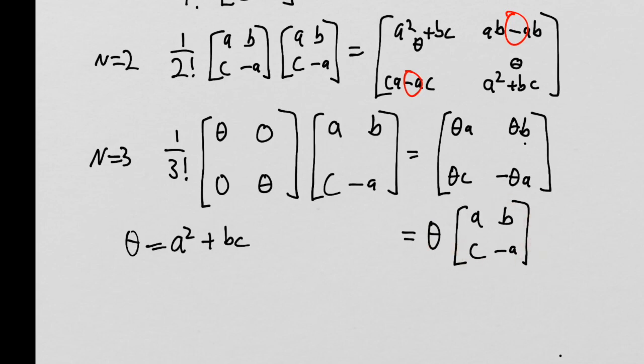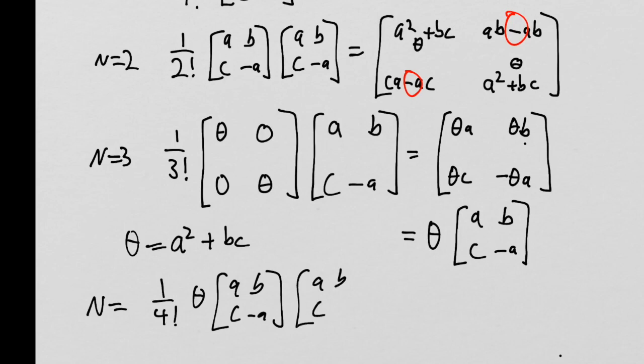And so now, when I go to n equals 4, we have 1 over 4 factorial, and then the result will be n equals 3, which is theta times the matrix a, b, c, minus a, times again the matrix a, b, c, minus a. But we know this product from the n equals 2 expression, which is just theta, theta.